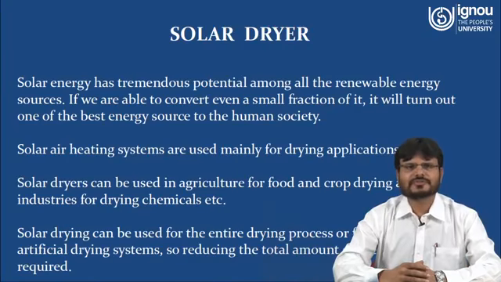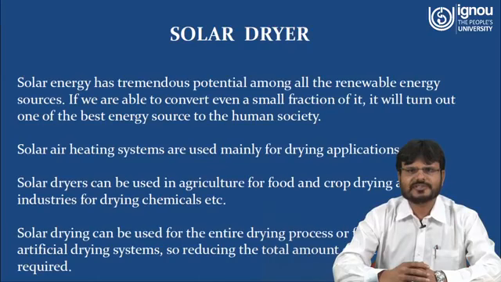As you know, solar energy has a tremendous potential among all the renewable energy sources. If we are able to convert even a small fraction of it, it will turn out to be one of the best energy sources for human society. Solar air heating systems are used mainly for drying applications. Solar dryers can be used in agriculture for food and crop drying, and in industries for drying different chemicals also.